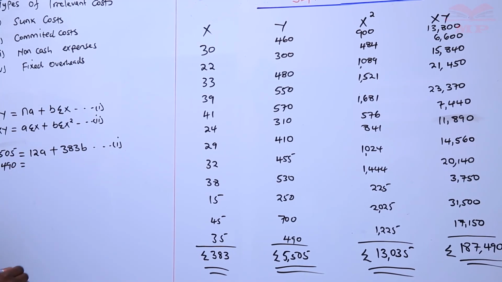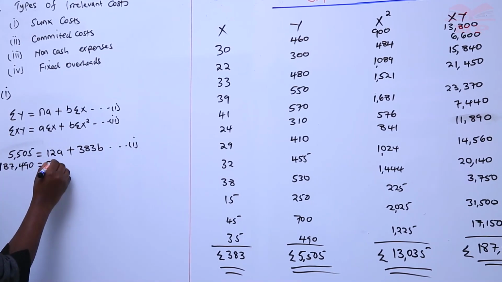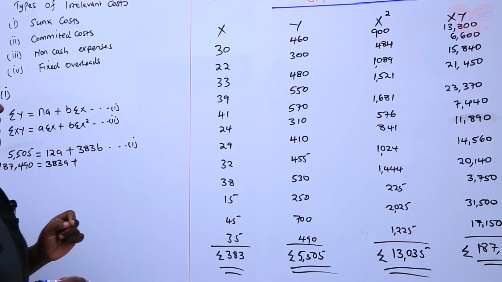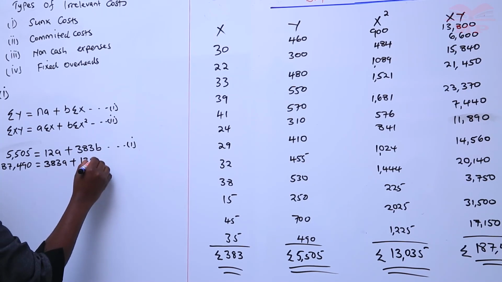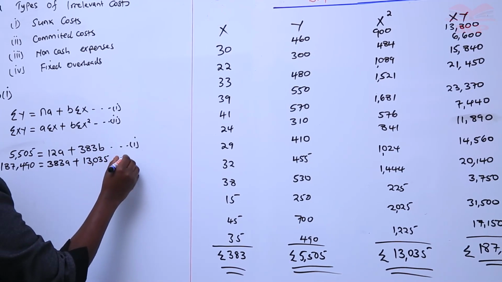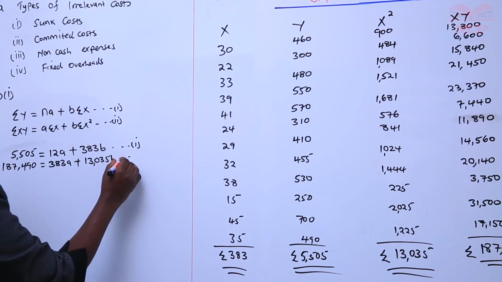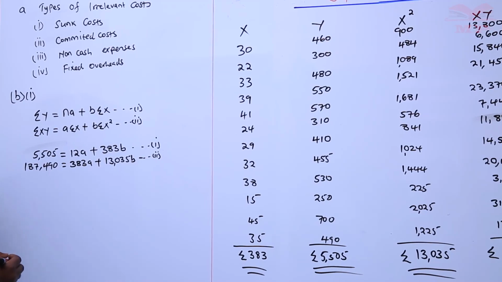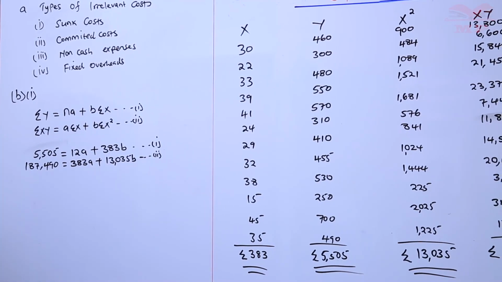This will be equal to sum of x, which is 383a, plus sum of x squared, which is 13,035b, and this will form our equation number 2. So once we have substituted the figures in our formula, we now solve the equations simultaneously.